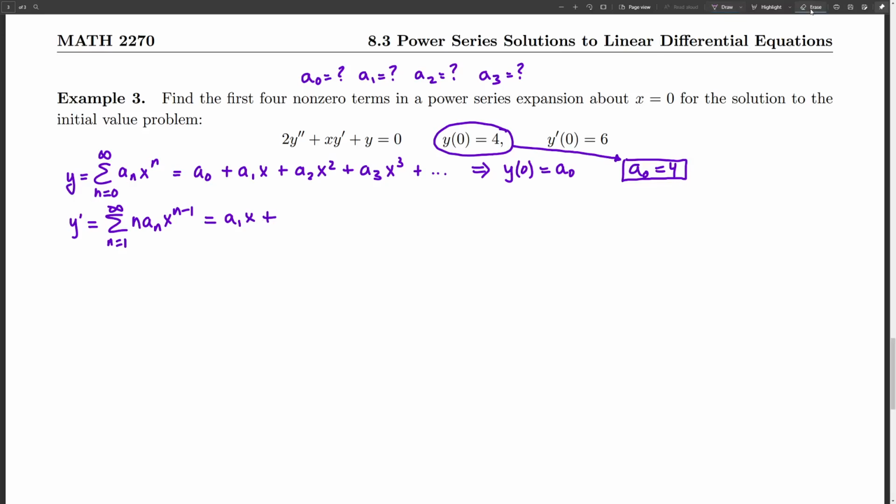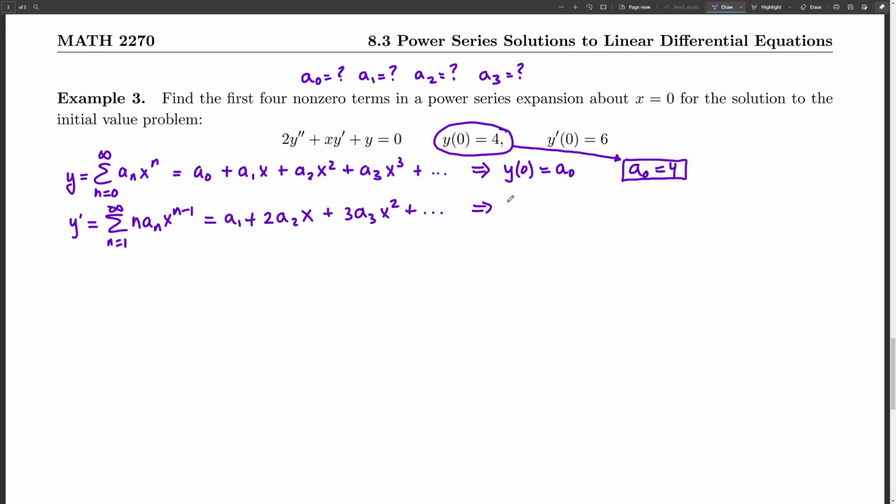This gives us a1, right? The derivative of a0 is 0. The derivative of a1 times x is a1. And then plus 2 times a2 x plus 3 times a3 x squared plus etc.